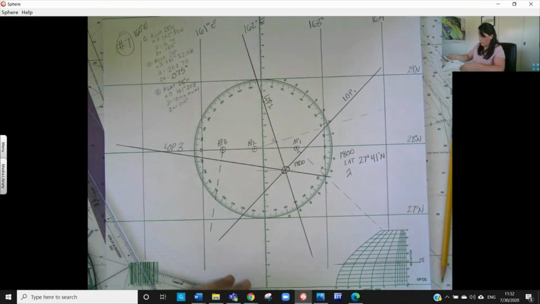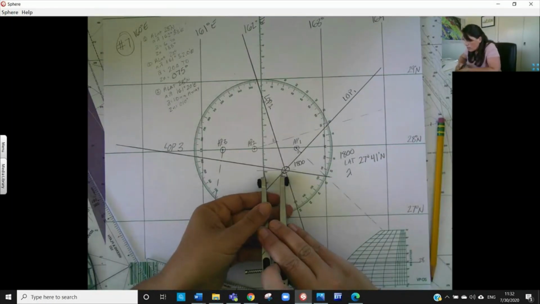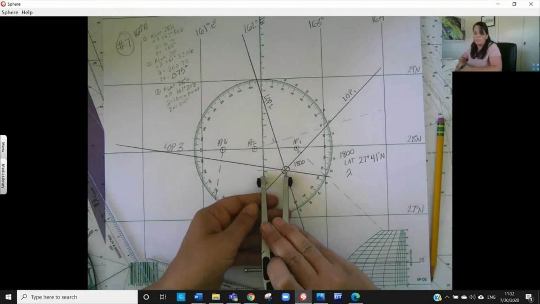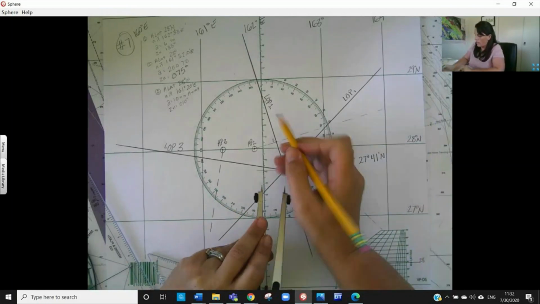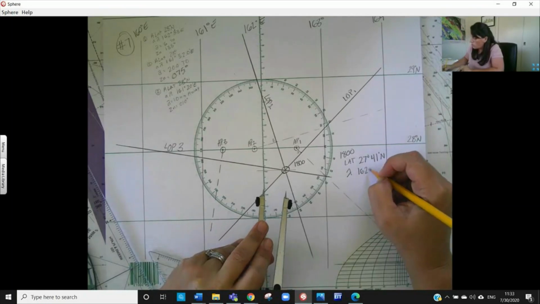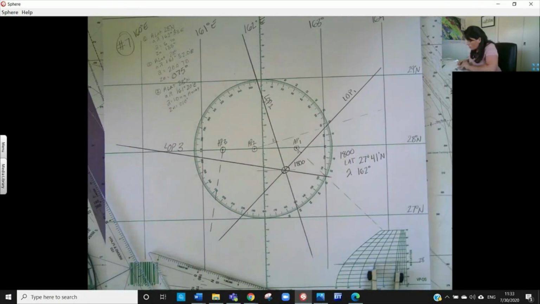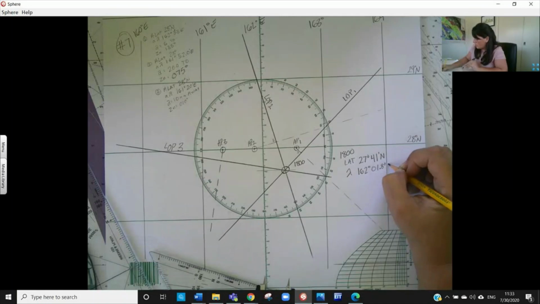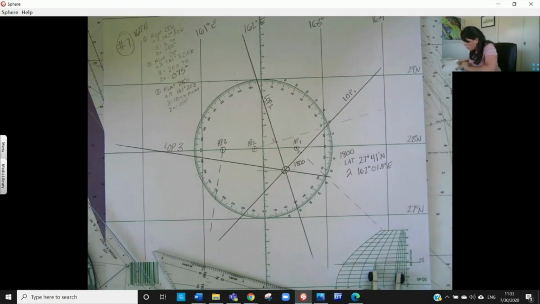Longitude, I need to find what my longitude is. So I'm at 162 degrees. So I'm at 20 plus almost 2. So I'm going to call it 01.8 minutes east. Yeah, that's what I'm going to call it.